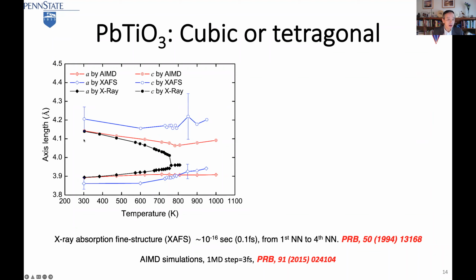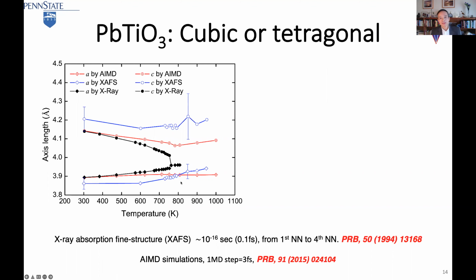Now, in our AIMD simulations, we take the experimental c/a values, which are the black symbols. That means above here, overall, the system is cubic. But internally, for each titanium atom, they are still tetragonal, C and A. So that's for the crystal structure, tetragonal to cubic.